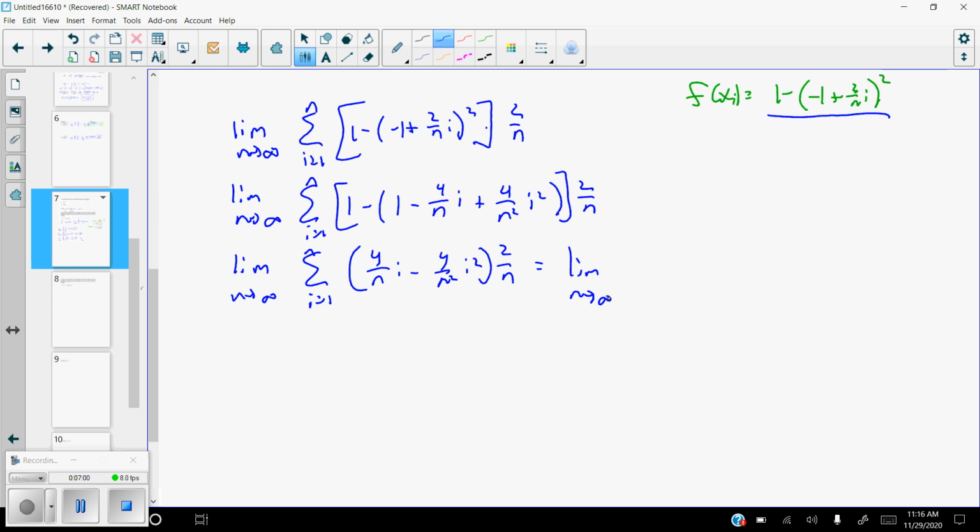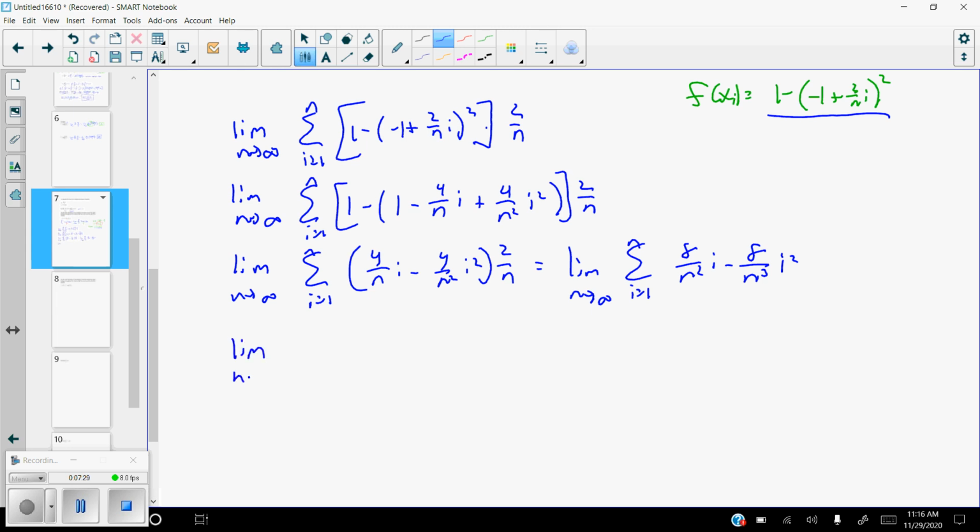Okay, it's getting a little shorter now, so I can write stuff a little bit more horizontally here. That's still going to be the limit of my sum. Distributing the 2 over n, we're going to get 8 over n squared times i minus 8 over n cubed times i squared. Okay, now I can use my properties. I can separate a bunch of stuff out.